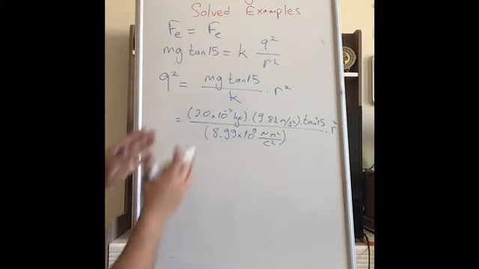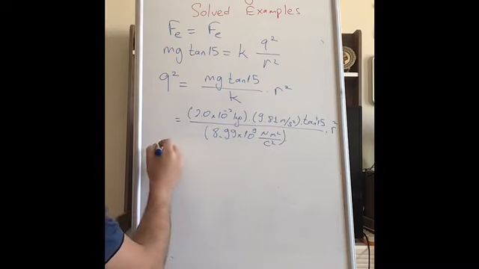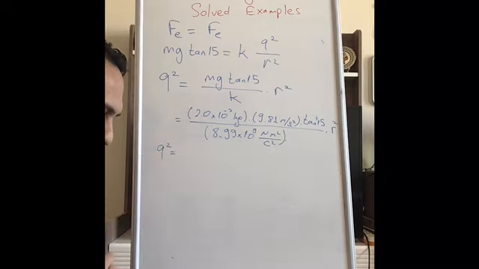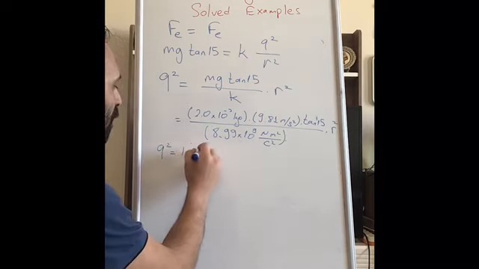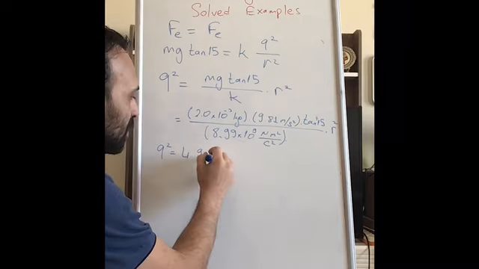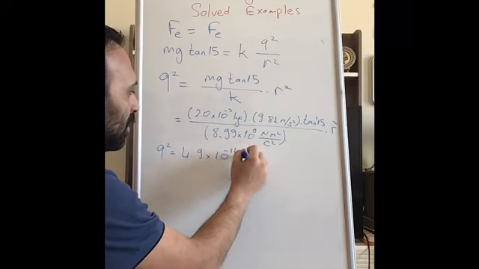And if we plug in all the numbers and use the calculator, we find q squared will be equal to 4.9 times 10 to the minus 14 Coulomb squared.